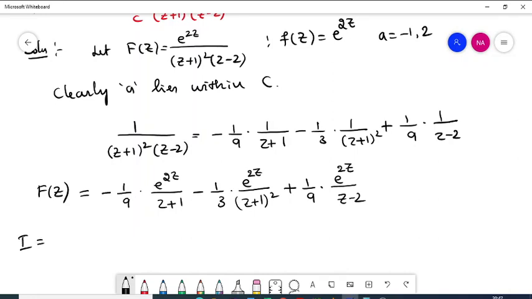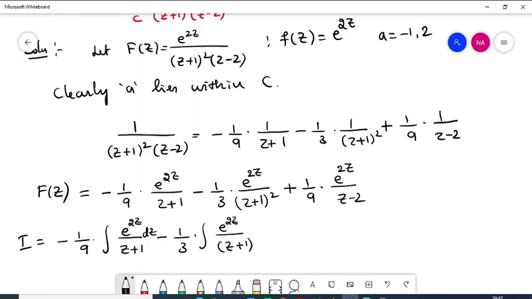I will be taking integral on both sides. Minus 1 by 9 integral e power 2z divided by z plus 1, minus 1 by 3 integral e power 2z divided by (z plus 1) whole square dz, plus 1 by 9 integral e power 2z divided by z minus 2 dz over C. Right.